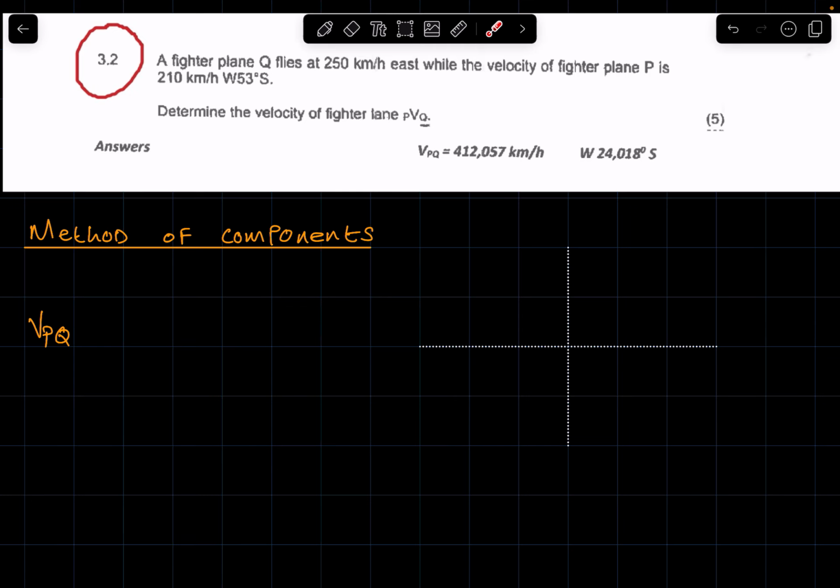And the one that you've identified as the frame of reference, you are going to represent on the Cartesian plane in a direction that is opposite the one that you've been given.